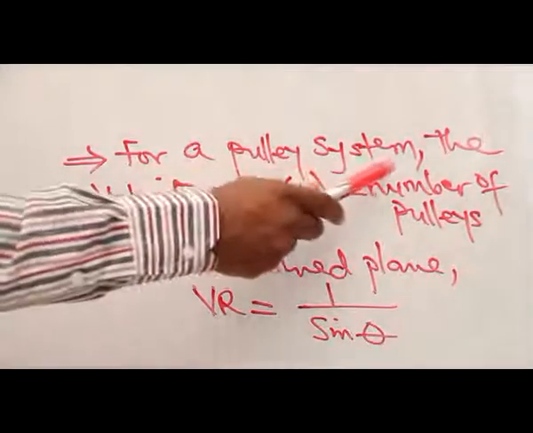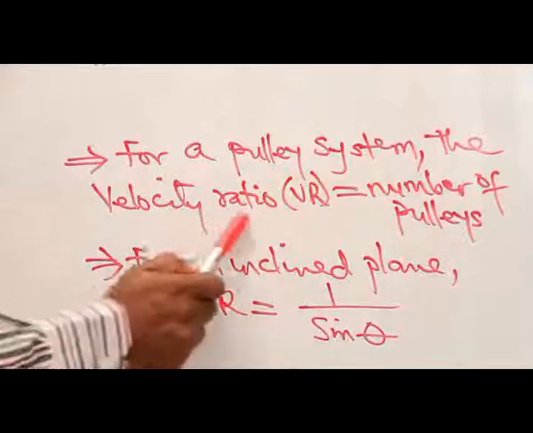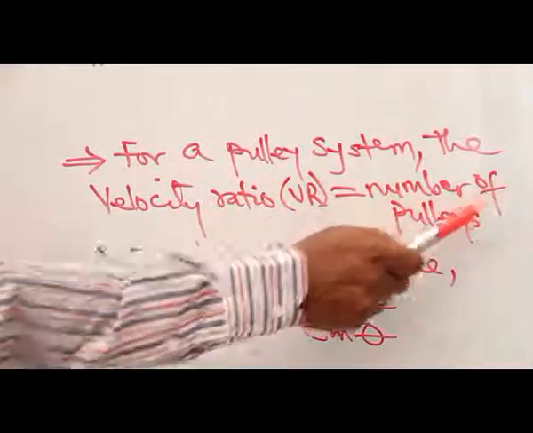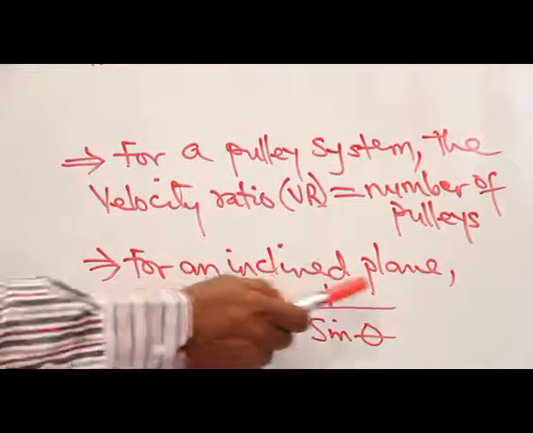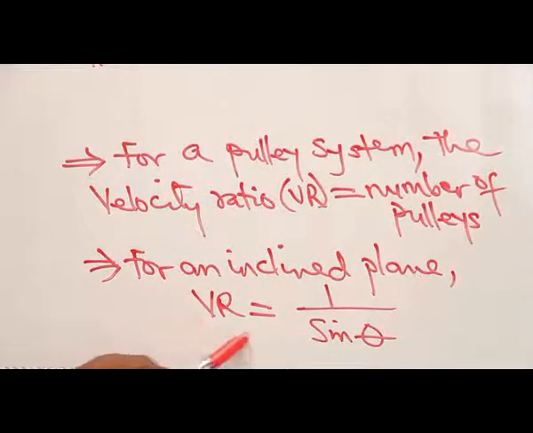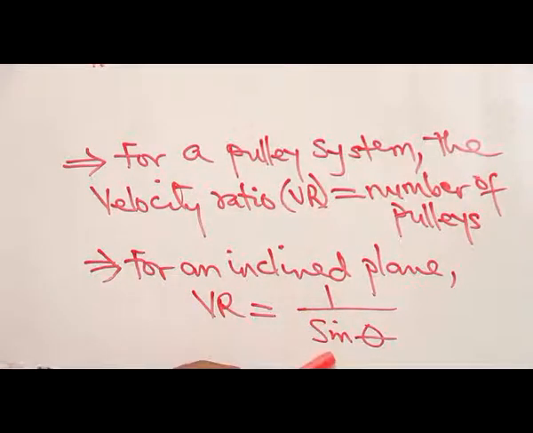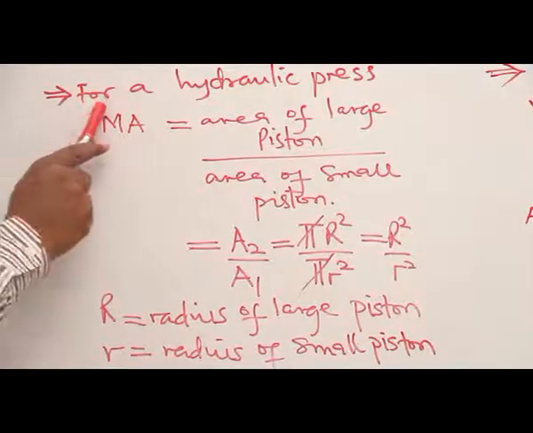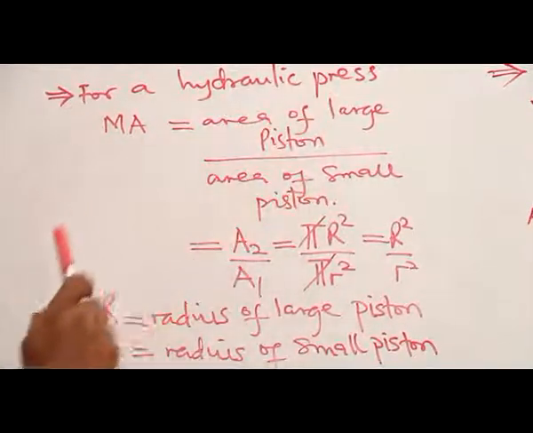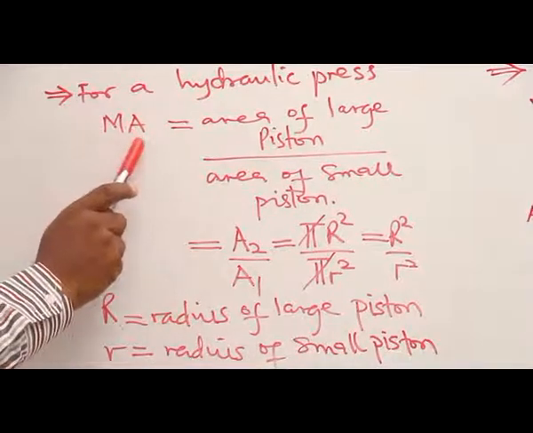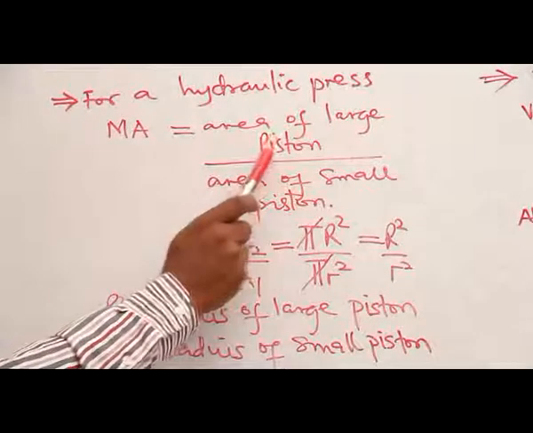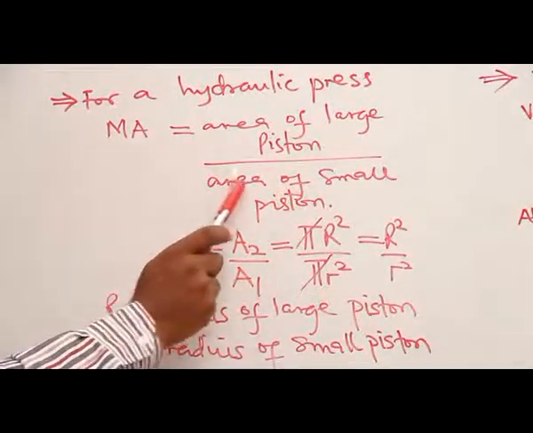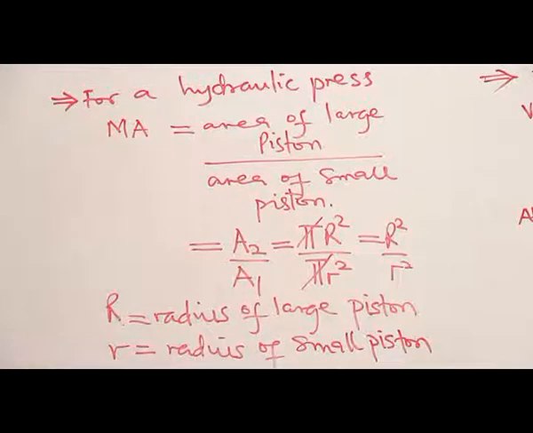For a pulley system, the velocity ratio is equal to the number of pulleys. For an inclined plane, the velocity ratio is equal to 1 divided by the sine of the angle of inclination. For a hydraulic press, the mechanical advantage is equal to the area of large piston divided by the area of small piston.